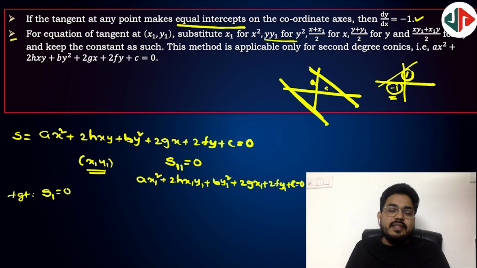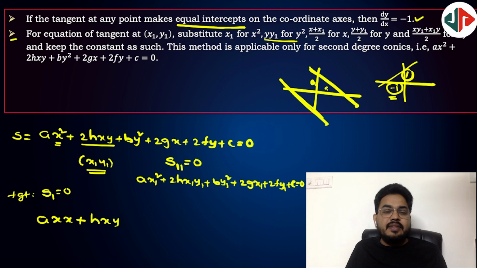So instead of that one, I'll write: in this ax square, there are two sets of x, that is x into x. So let me write ax·x plus 2hxy, hxy plus hxy plus by square.